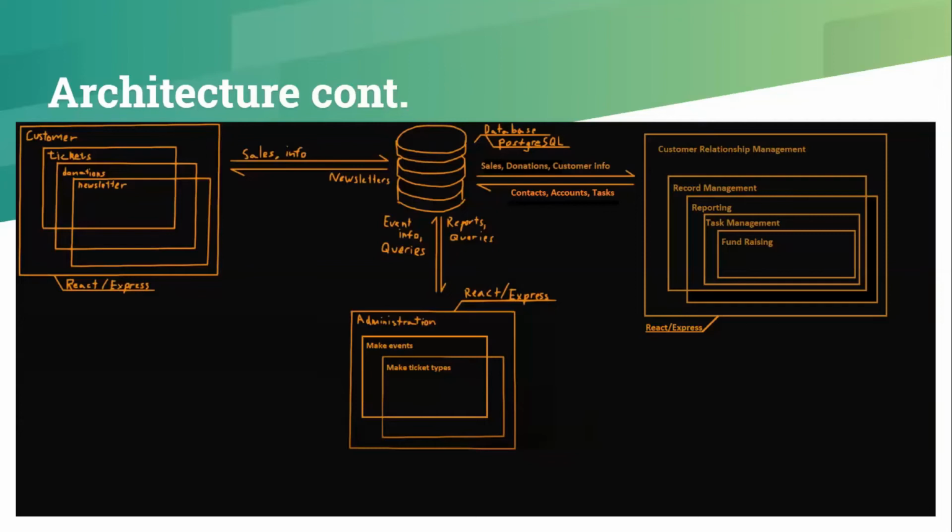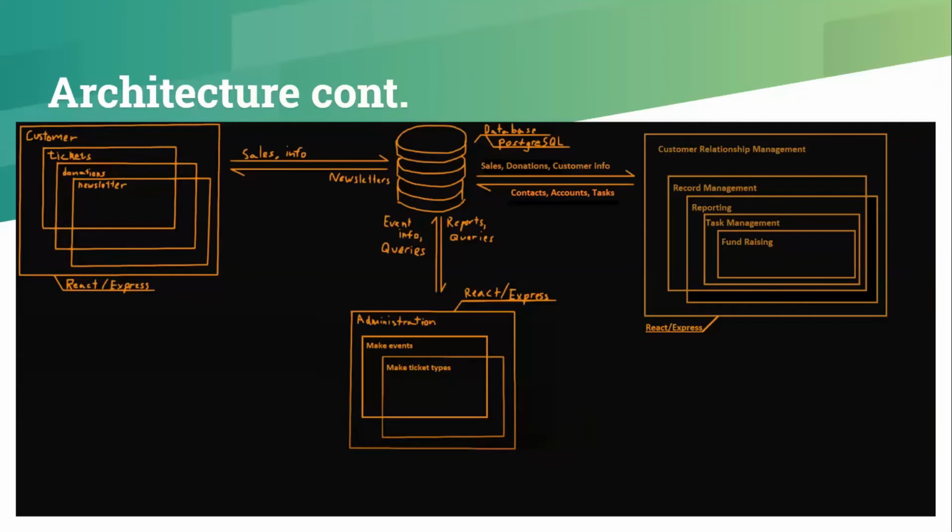And to the right is what we've been focusing on this term, which is the customer relationship management portion of WonderTix, or the CRM. Again, we've gotten the reporting down. You're able to do customer reports, you're able to save reports. Task management has been started, and fundraising hasn't been started, but all of the necessary components of fundraising, such as reporting, are all there.